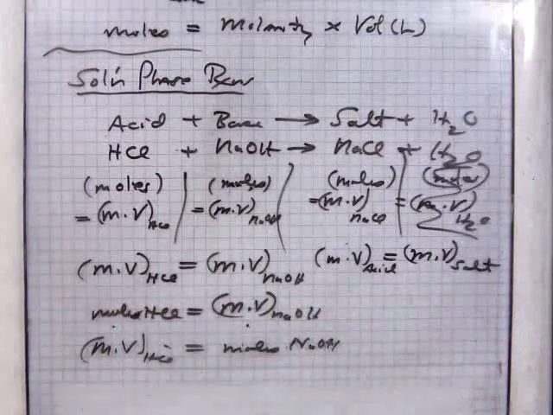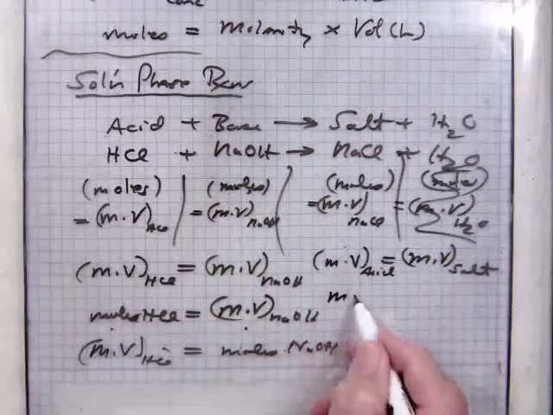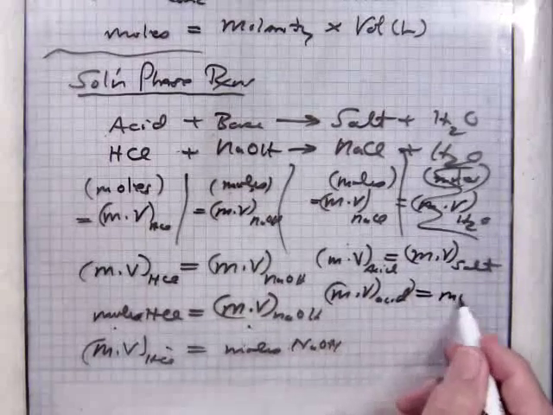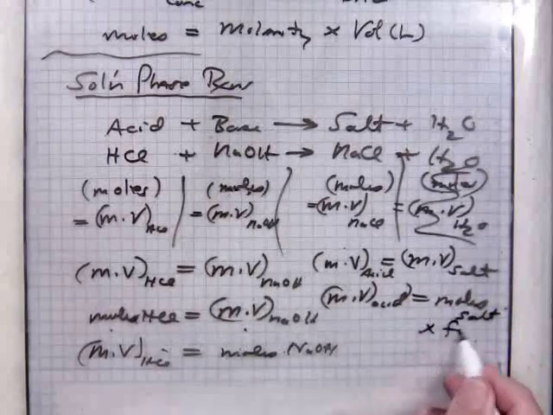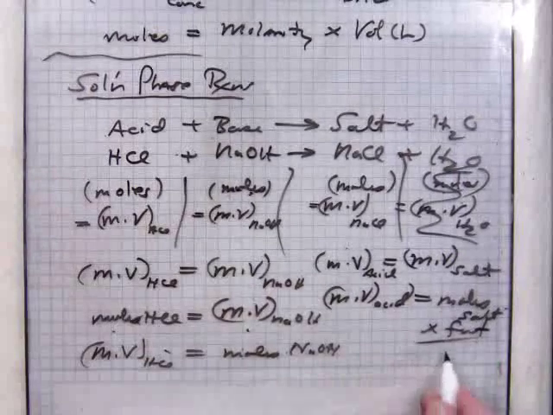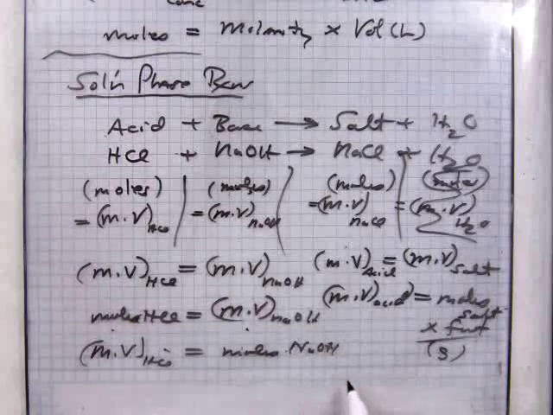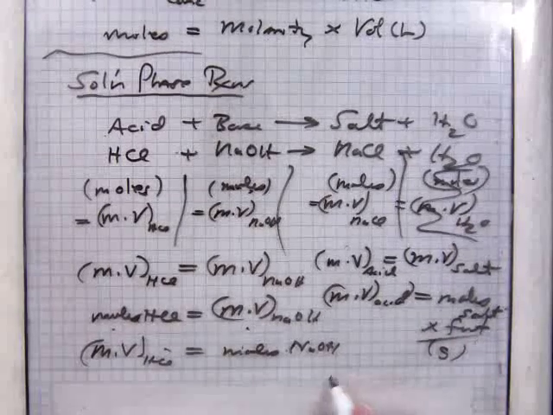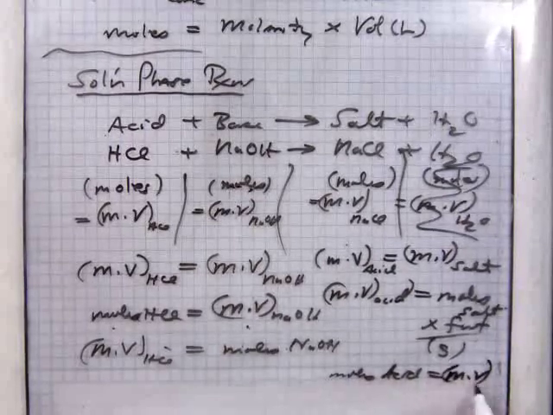Or if they want to know grams of salt generated, you might have solution data of the acid, molarity times volume of the acid equals moles of the salt. And if they want grams, times the formula weight, that gives you grams. Or moles of acid equals molarity times volume of the solution for the salt.